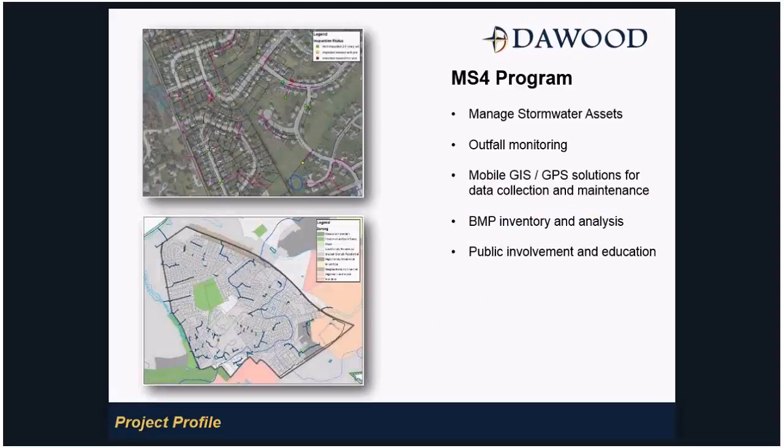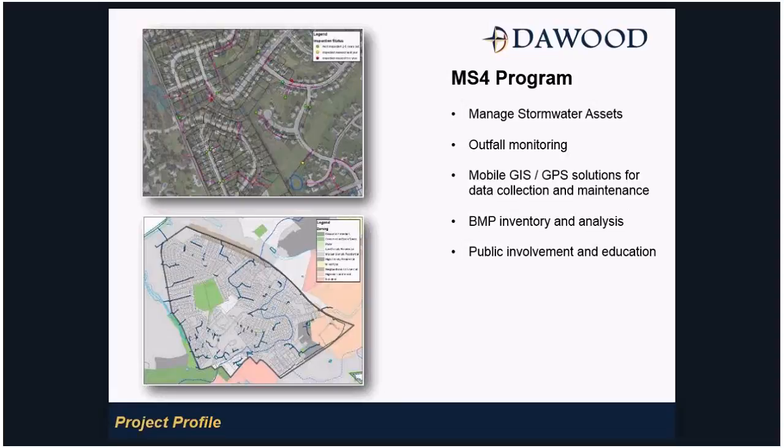We also assist communities in the MS4 program. GIS is a great way to help manage stormwater assets, monitor outfalls, and the same mobile GIS and GPS solutions that I talked about with the lighting assets can also be applied to this. So these screenshots are showing different ways of managing the outfalls and the inspections.